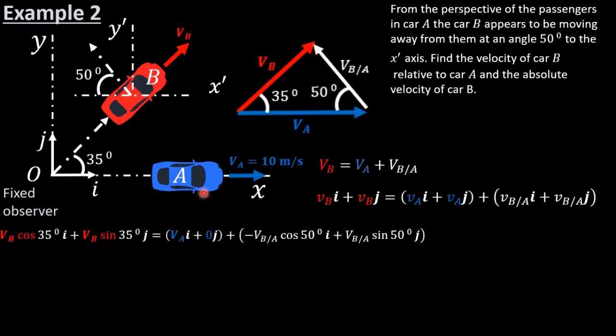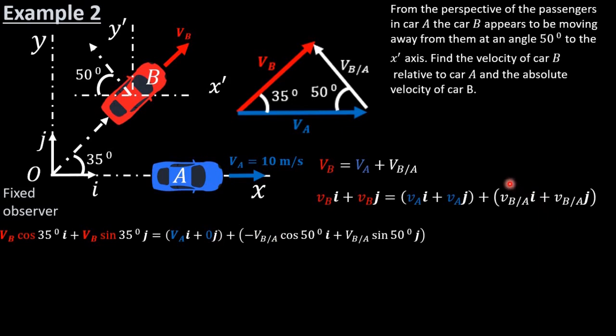Okay, so if we write all that in, we get this. VB times cos 35 degrees in the i direction for car B, and VB times sine 35 degrees in the j direction for car B. The velocity of car A was entirely in the i direction, and we've got 0 in the j direction.